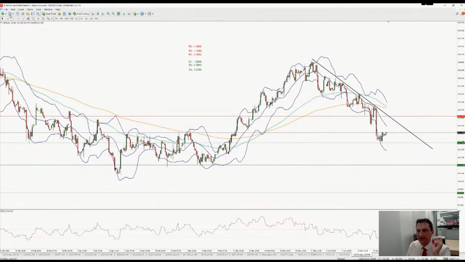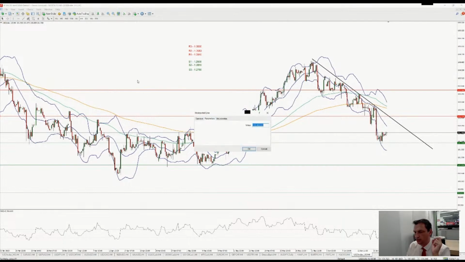I would be setting the next one somewhere here, 103.50. Too high. 103.45 maybe.